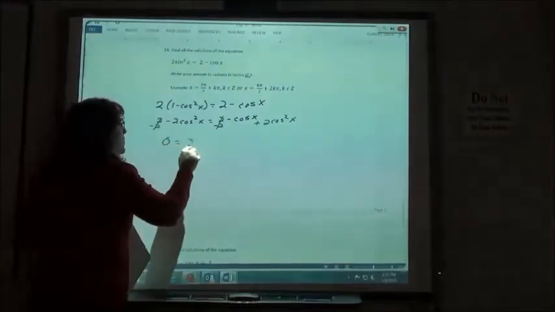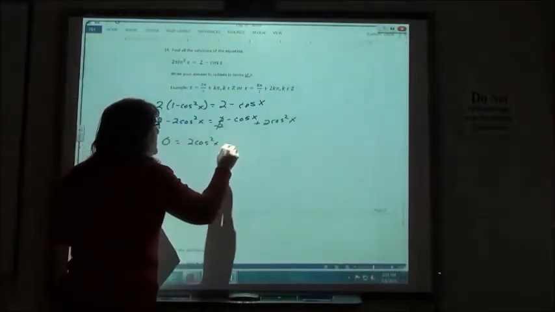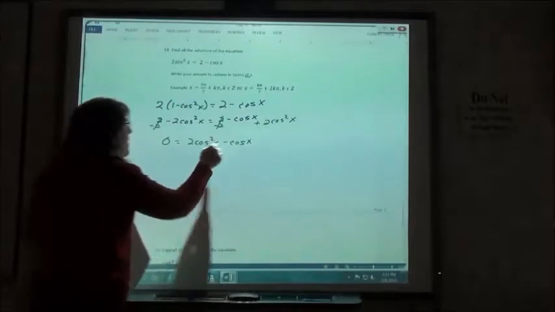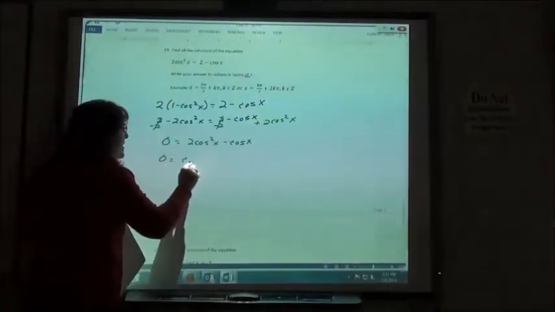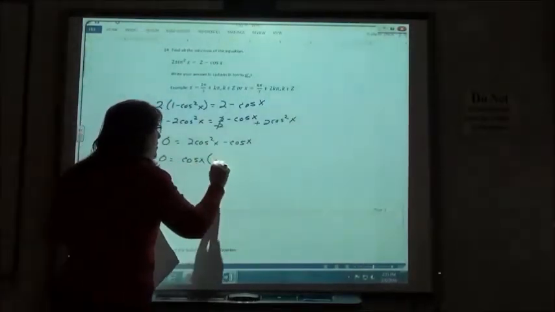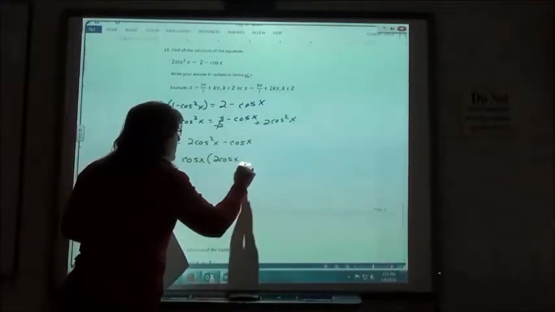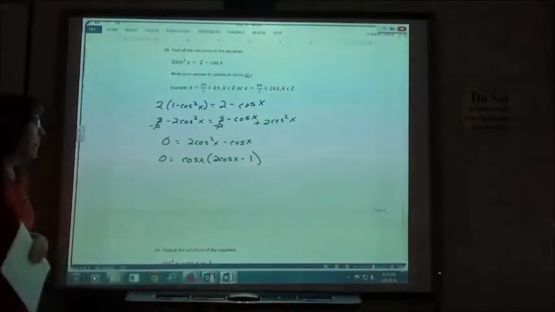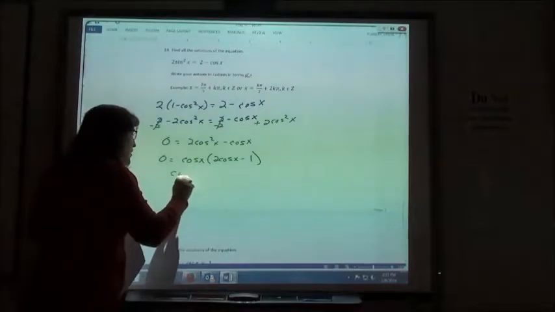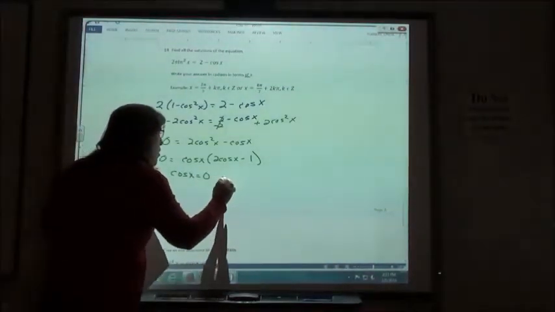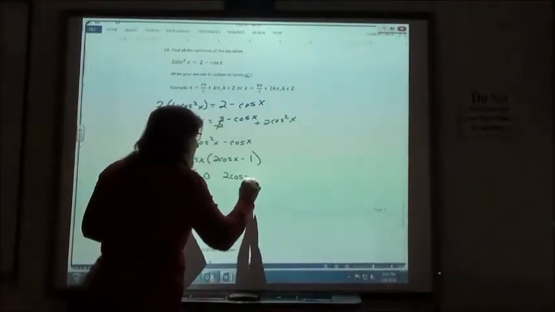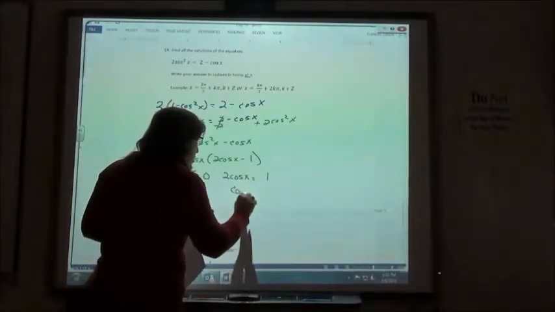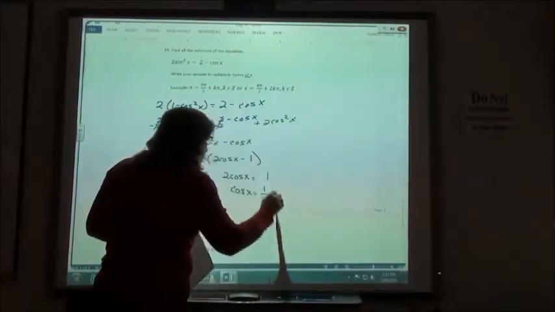So 0 equals 2 cosine squared of x minus the cosine of x. Factoring that, I can take out one of my cosines, which leaves me 2 cosine of x minus 1. So either the cosine of x equals 0 or 2 cosine of x equals a positive 1, cosine of x equals positive 1/2 then.